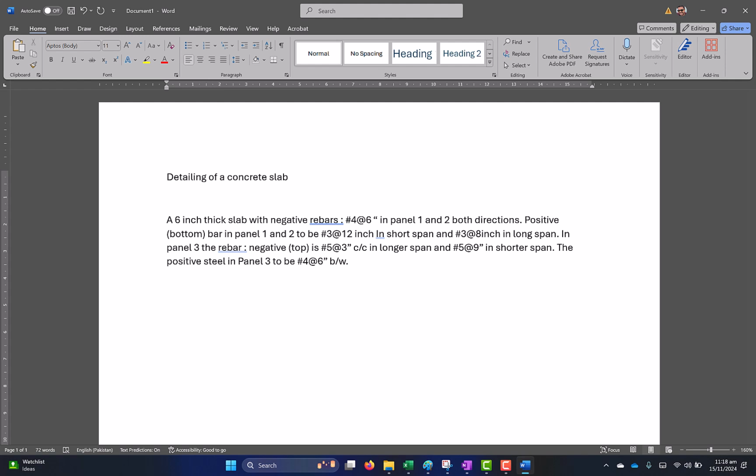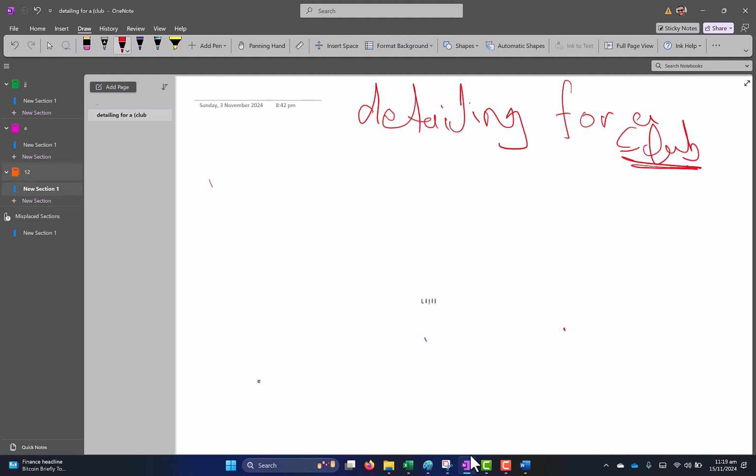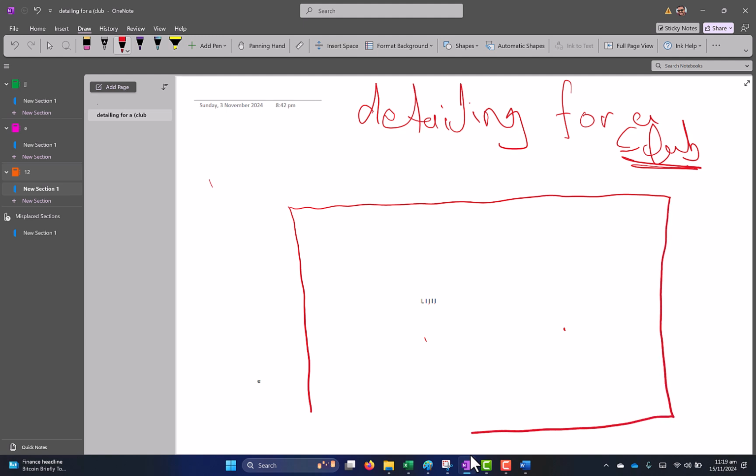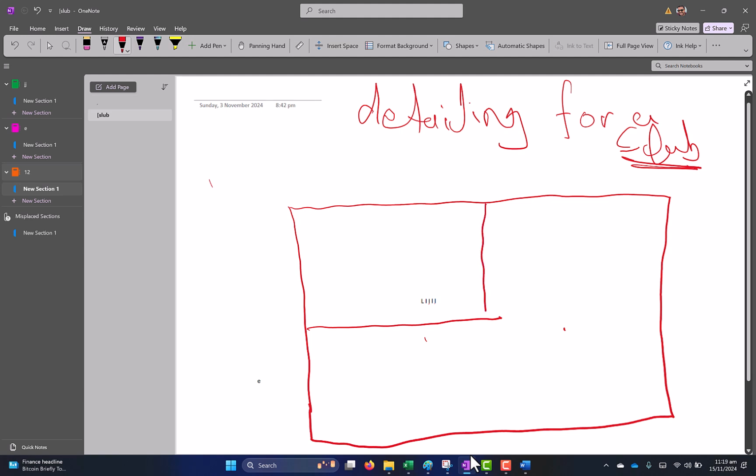Both ways. Okay, so if we look at these panels now, what they should look like. The question will probably come to you like this: a plan of essentially a home.